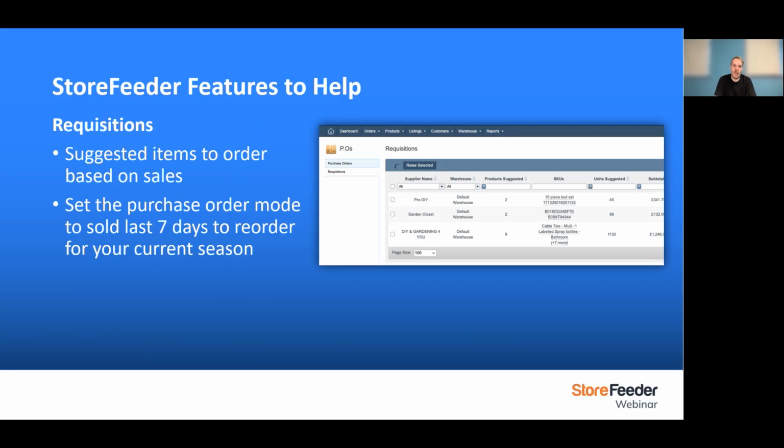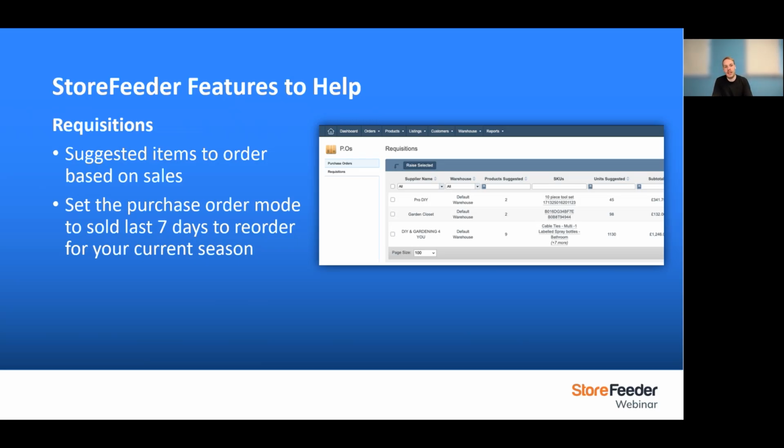Requisitions, definitely touched on this in previous webinars, but it is relevant for this. Because you can set your purchase order mode for it to be last 7 days, you can in theory use it to do almost just-in-time ordering and base that completely off your sales history over a short period.